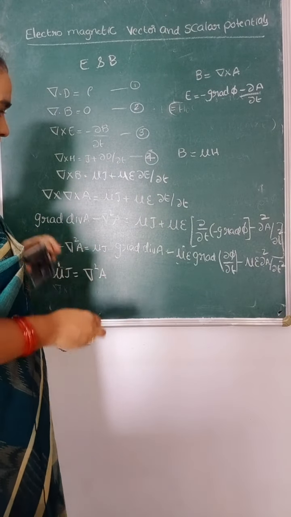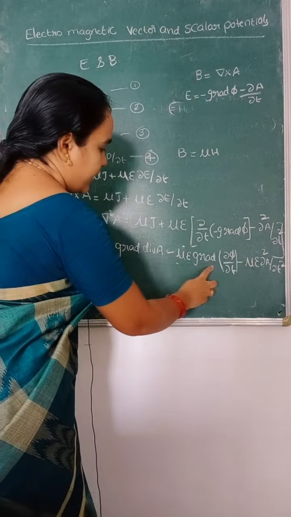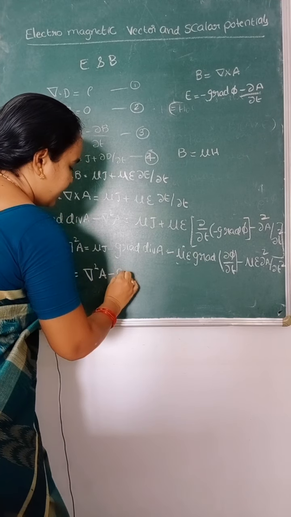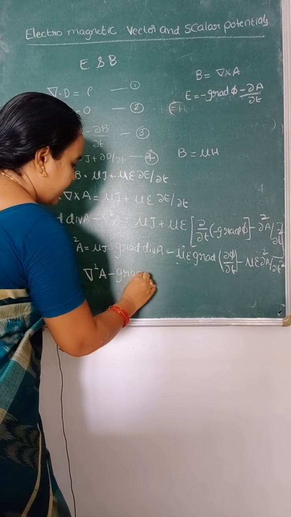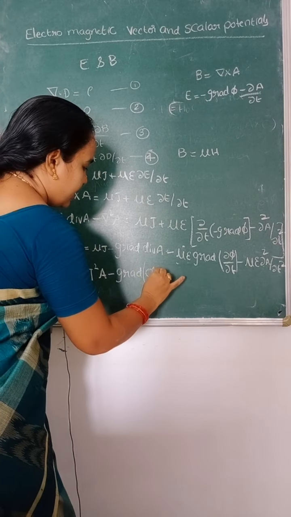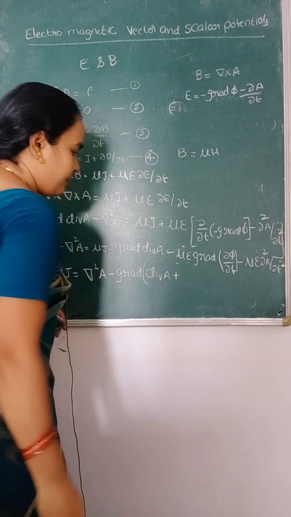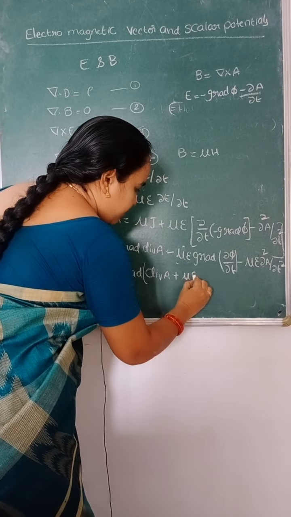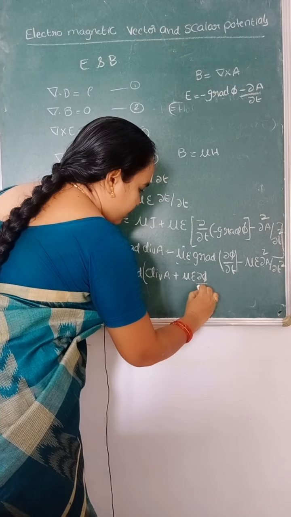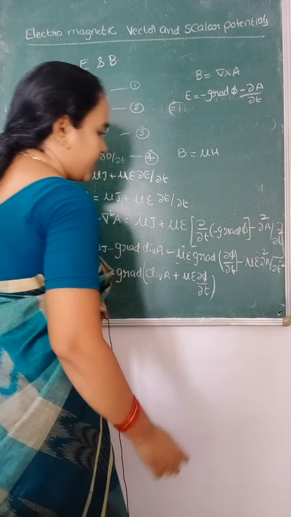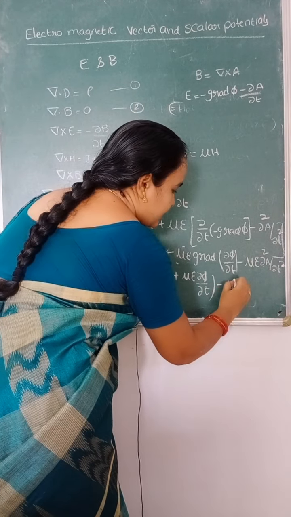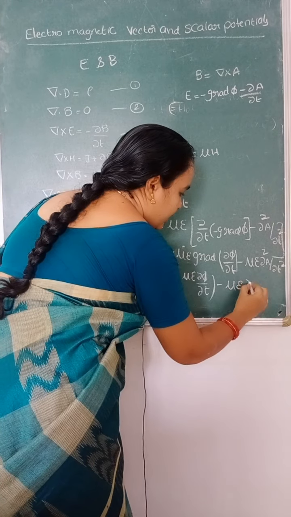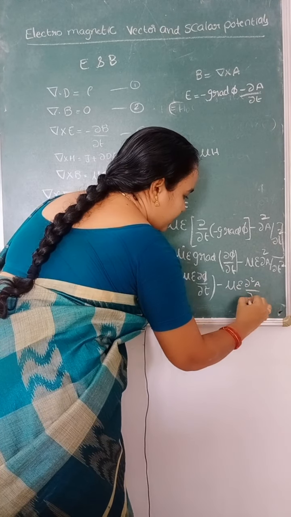Del square A. If you take minus gradient as common here, the remaining terms are divergence of A plus mu epsilon dou phi by dou T. Remaining term minus mu epsilon dou square A by dou T square.